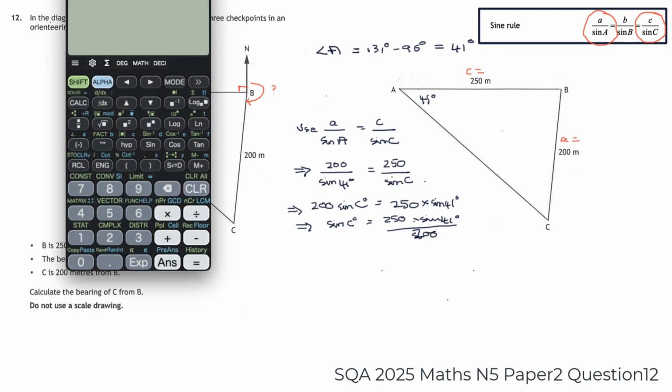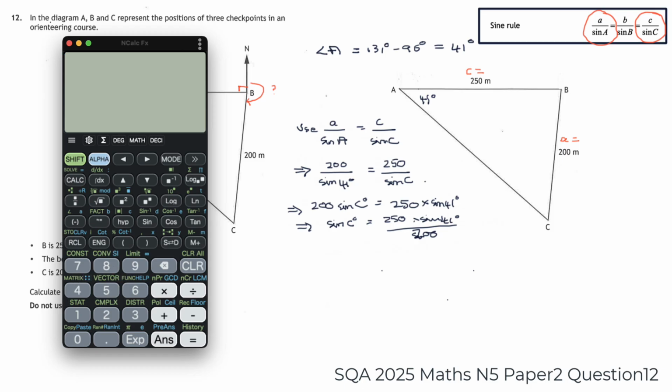So we bring on the calculator. Here it is. And let's forge ahead with that. So 250 times the sine. Now, one of the problems using your calculator, it may not be in the correct mode. Mine is. It says here degrees. You just check that your own calculator is working in degrees and not in rads or grads.